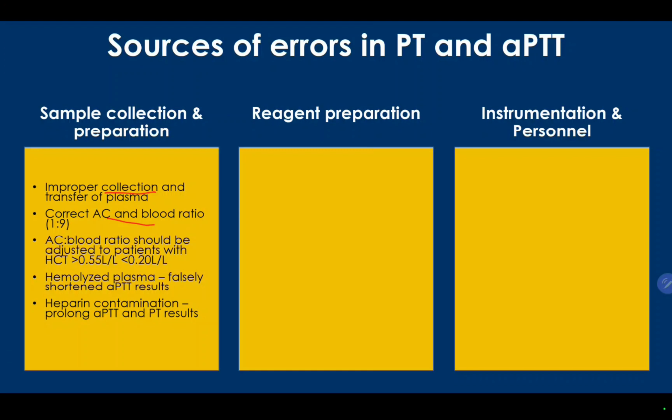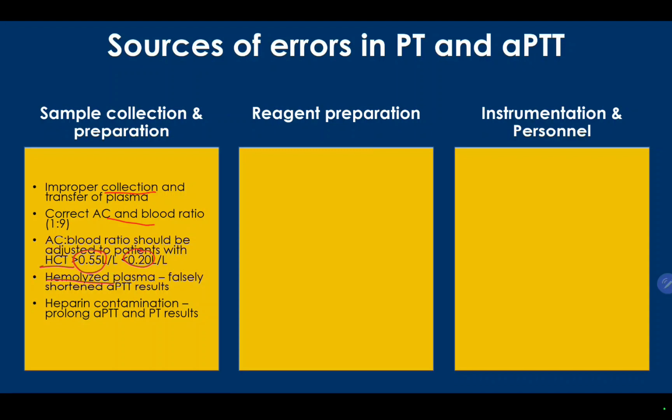The anticoagulant volume should also be adjusted for patients with hematocrit higher than 0.55 and less than 0.20 to avoid error caused by the anticoagulant to plasma ratio. Hemolysis may also cause falsely shortened results.